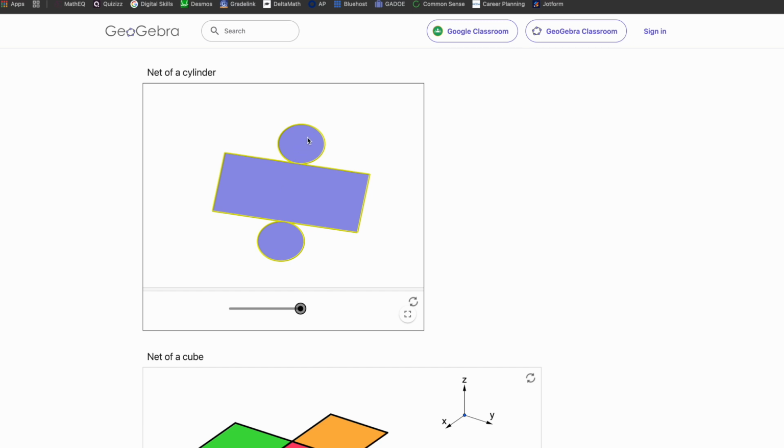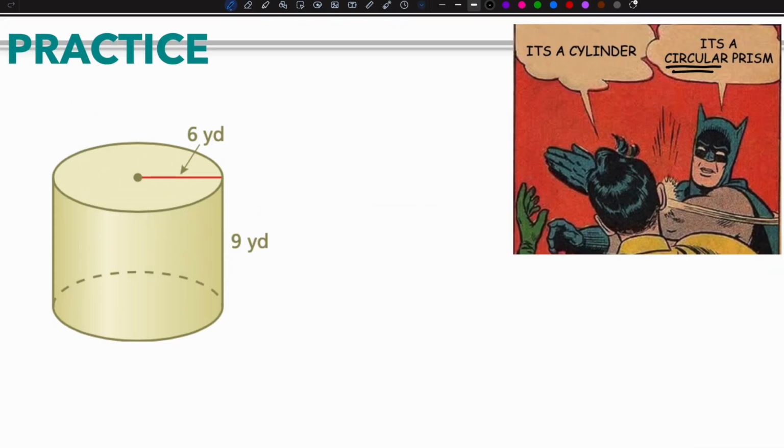So it would be the area of the circle, and this turns into a rectangle. So for a cylinder, the volume is still going to be the area of the base times the height of the whole thing.